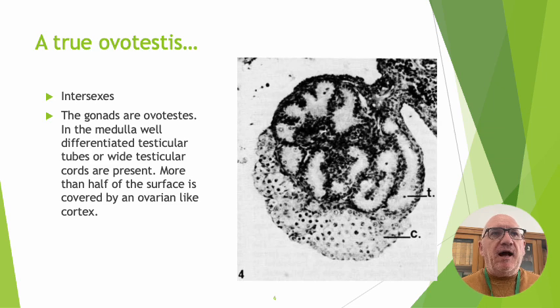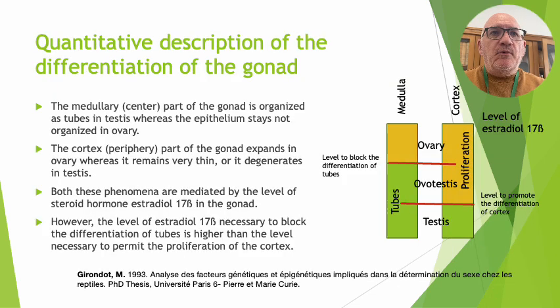To understand how it can happen, we summarize what we have seen previously. The medullary part of the gonad, so the center, is organized as tubes in testis, whereas the epithelium stays not organized in ovary.